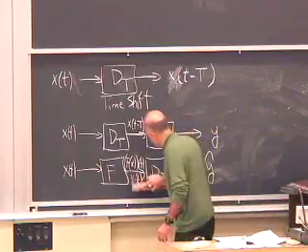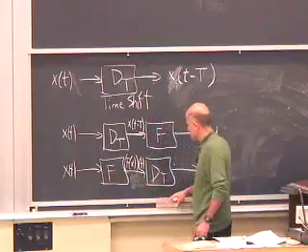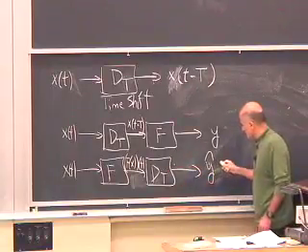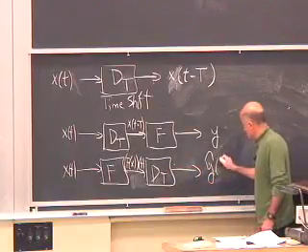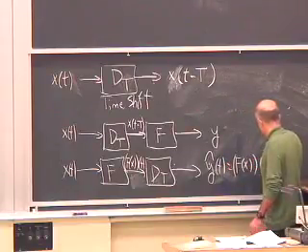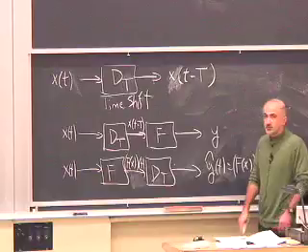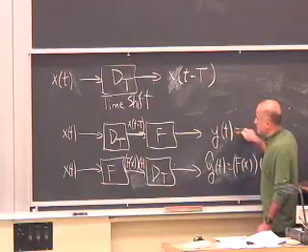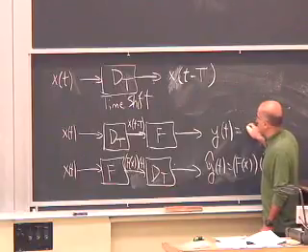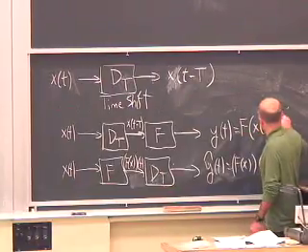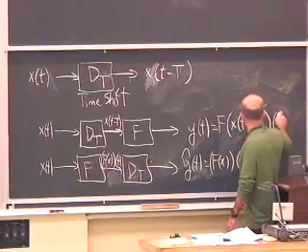And then you shift it. So you have y hat of t equal to f of x of t minus capital T.